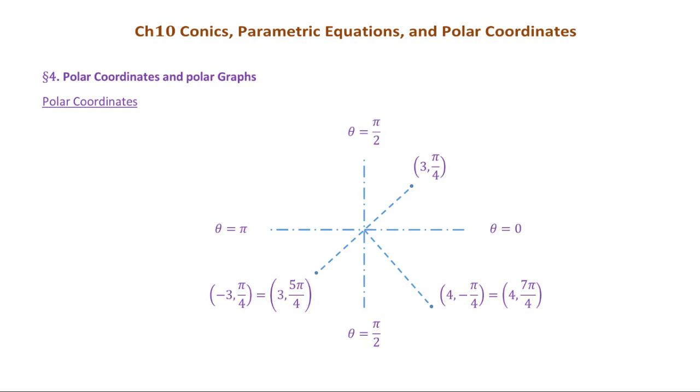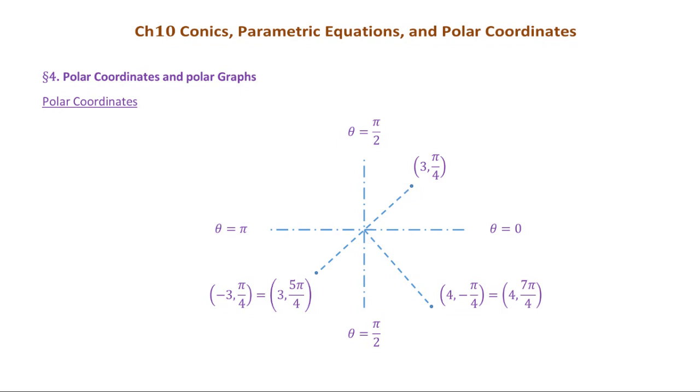Okay, another example is a point in the fourth quadrant. In this case, the distance from the point to the pole is 4. But the angle here is negative pi over 4, because you rotate clockwise from the polar axis to get this point, so the angle is negative.